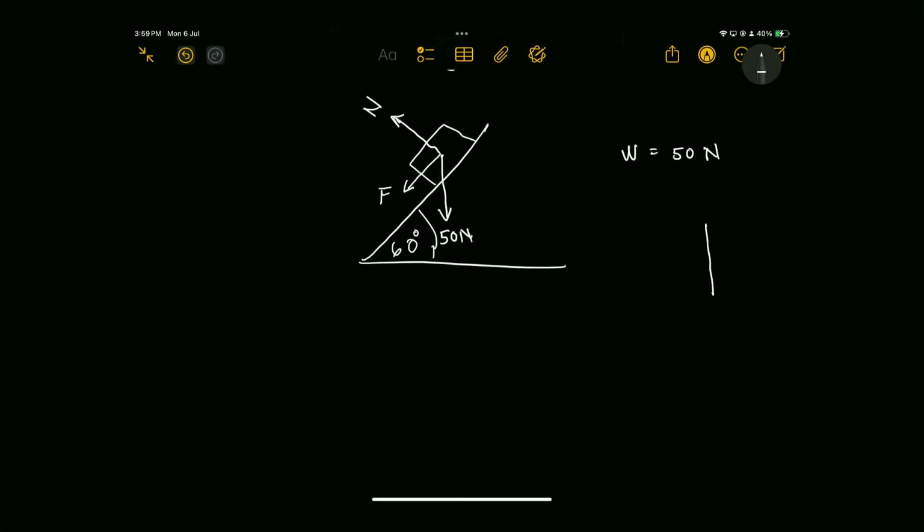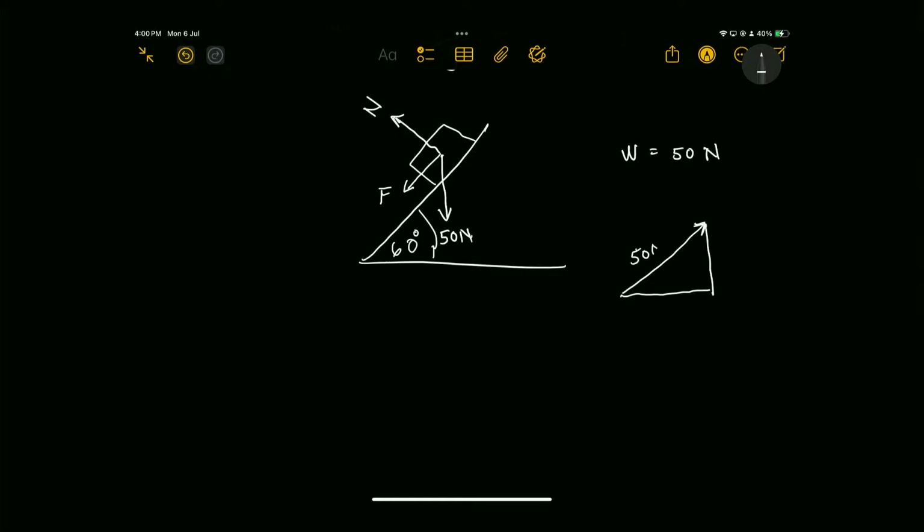We can separate this into a triangle like this, right? Where the hypotenuse is equal to the weight, this angle is equal to theta, which in this case is 60 degrees. So I'll just write the numbers one time.